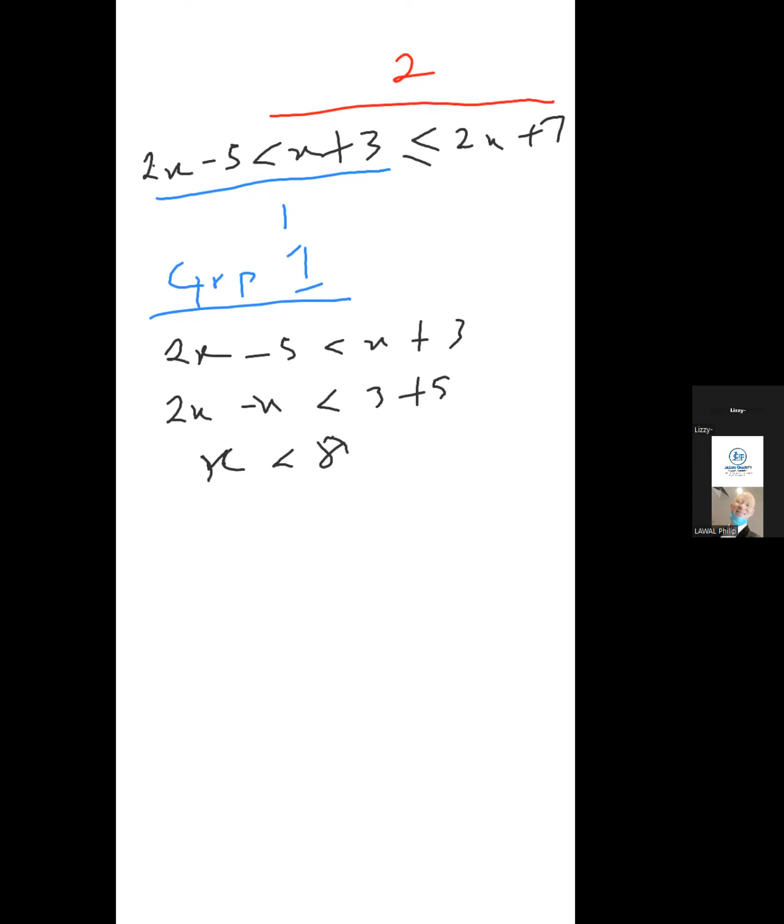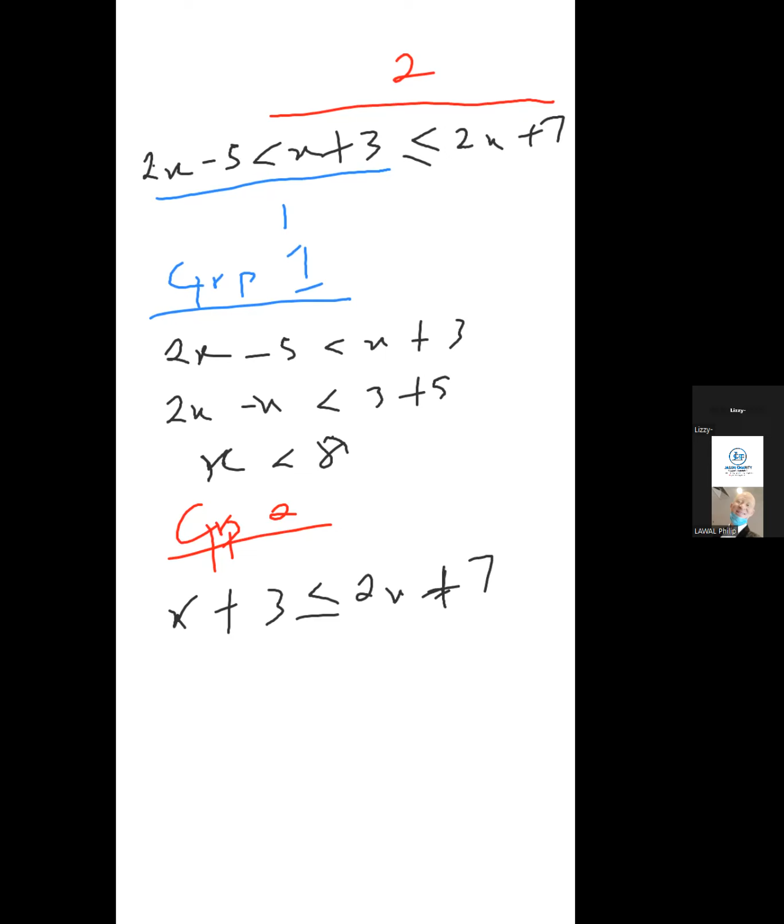Then we want to solve group 2 now. To solve group 2, I will pick the one over which I have put a line. That means x plus 3 must be less than or equal to 2x plus 7.